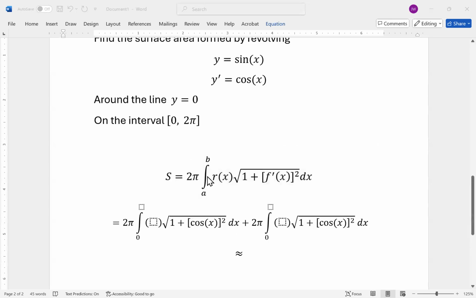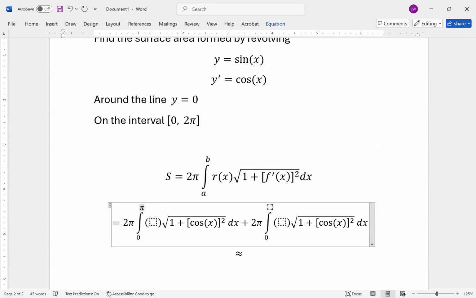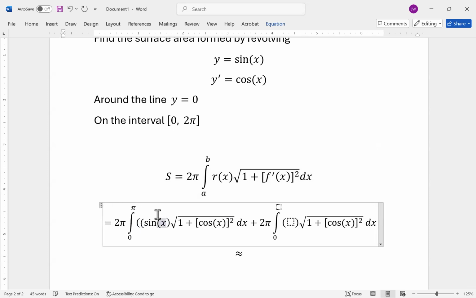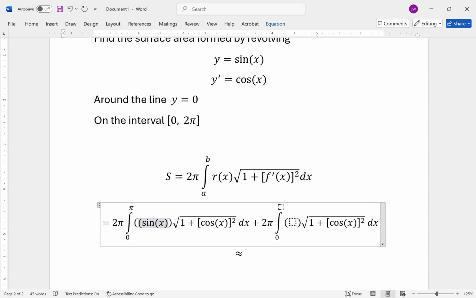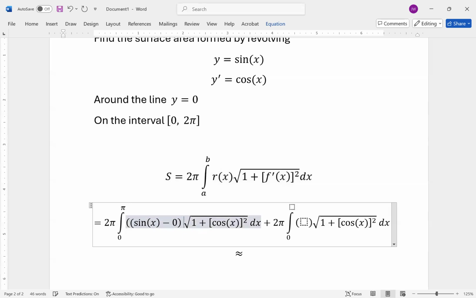So let's calculate this the proper way. Now the derivative is still the same. We're still going on the interval from 0 to 2 pi, but now I just break that up into two integrations. From 0 to pi, we saw the sine of x is above the 0, so we get sine of x minus 0 as my radius.